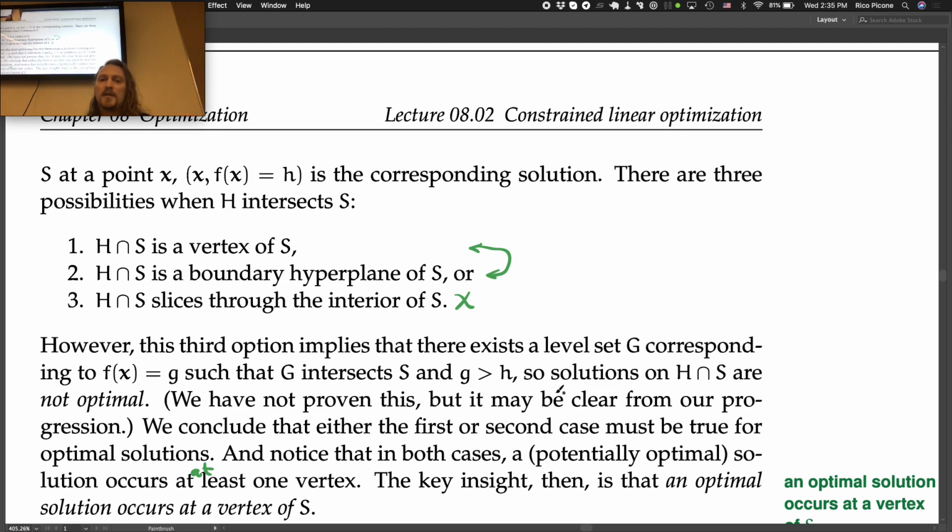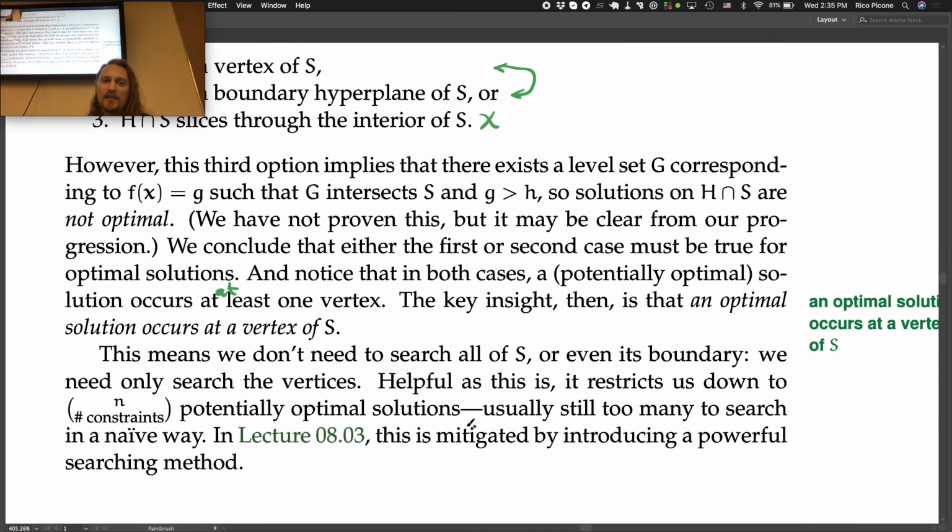So that means, taken together, that the key insight is that an optimal solution occurs at a vertex of S. Which is very good news. This means we don't need to search all of S or even its boundary. We need only search the vertices.